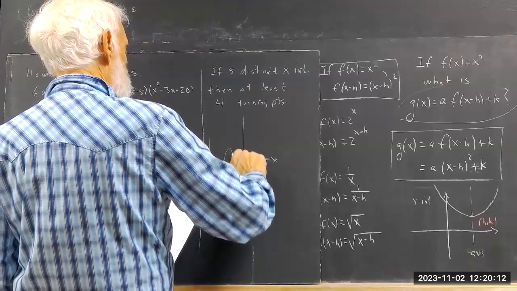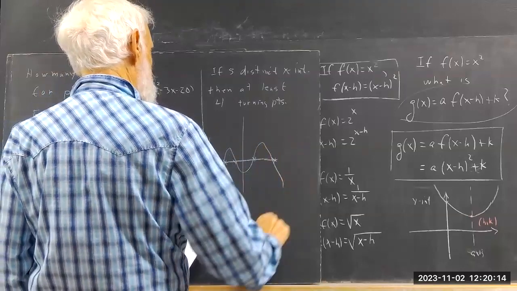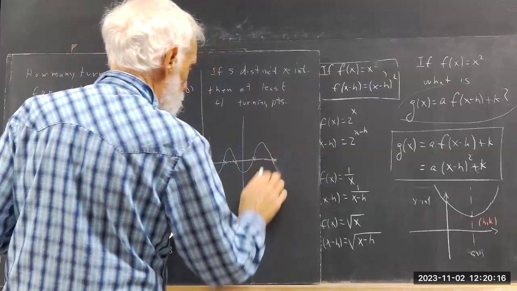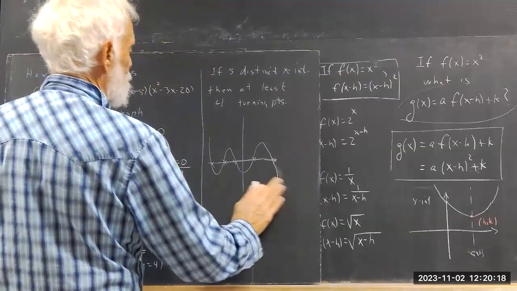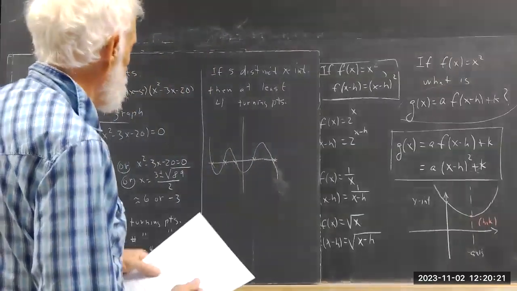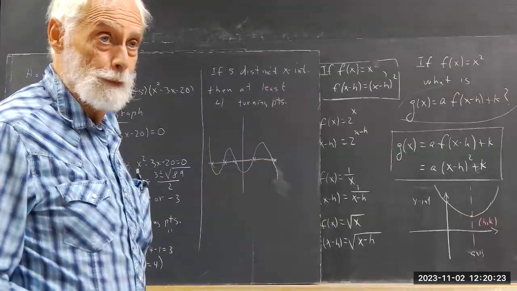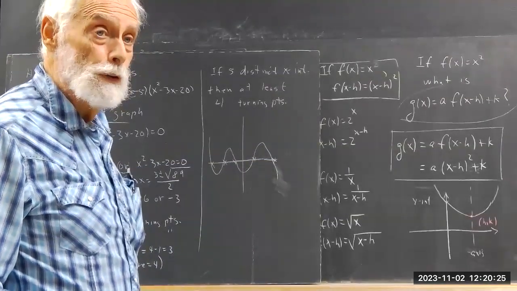So you draw a graph that looks like this. Oh, that's really bad over there. But that's even worse. Okay. So you have 1, 2, 3, 4. Okay. You can't have more than 4.